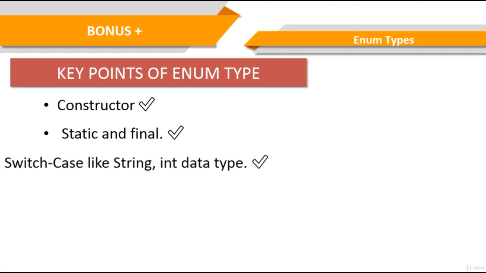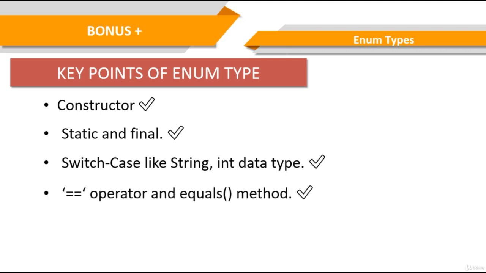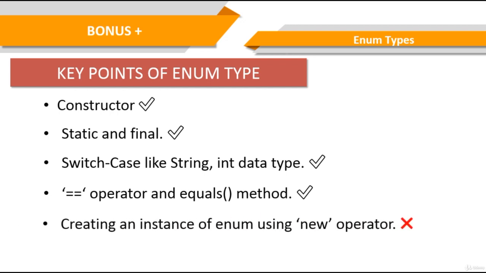Enum can be used in switch case like string, int data types. Equality operator and equals methods are used to compare enum constants. So we cannot create an instance of enum by using the new operator.